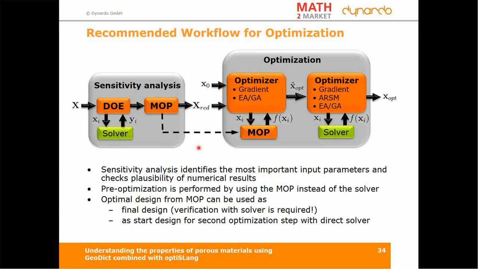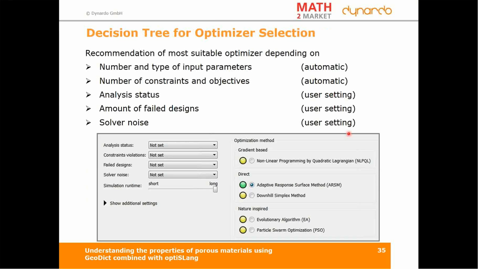And then when we have validated this design, we can decide if we want to do a second optimization here with the solver runs, or if we find this design good enough.